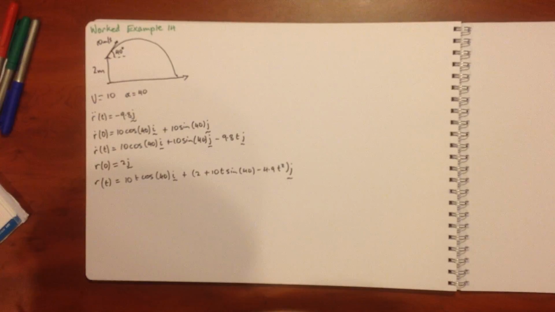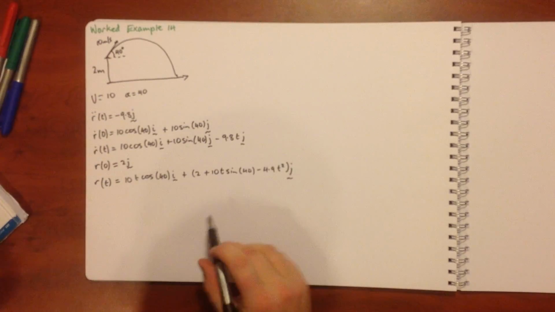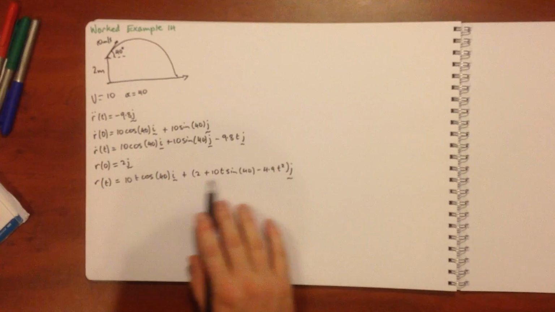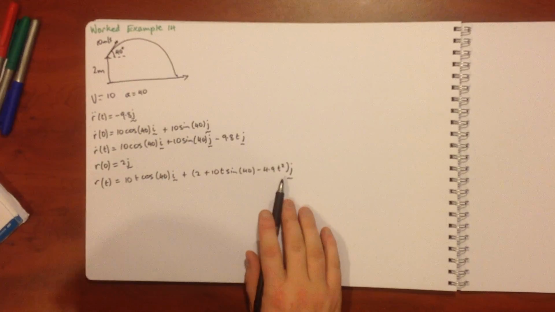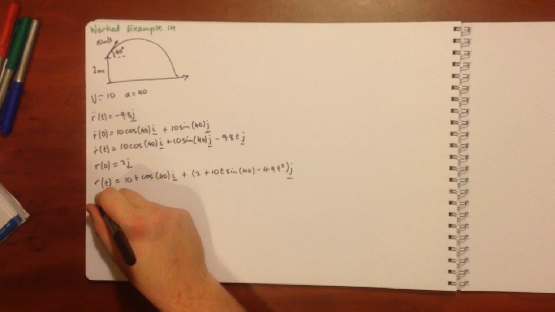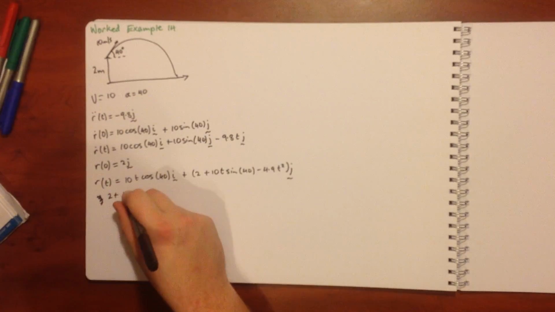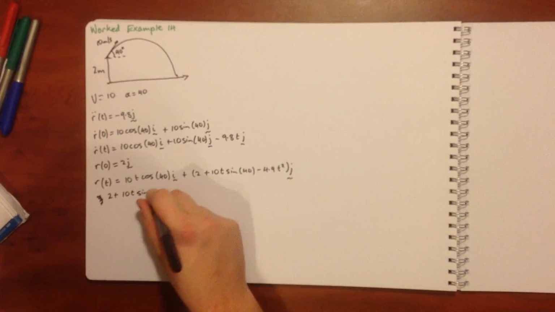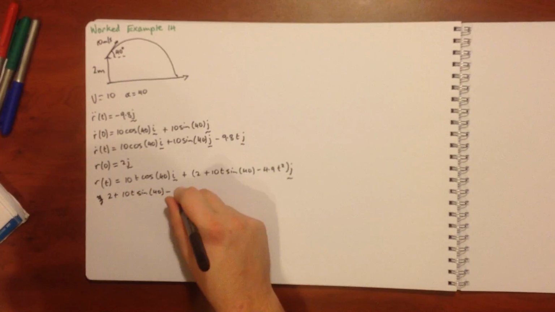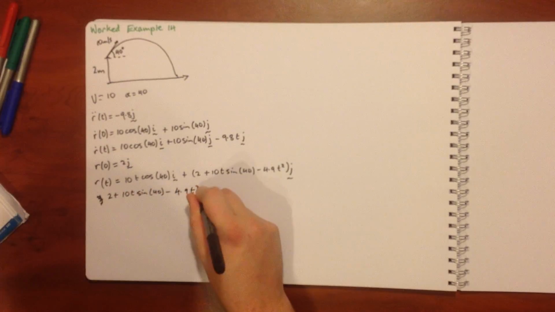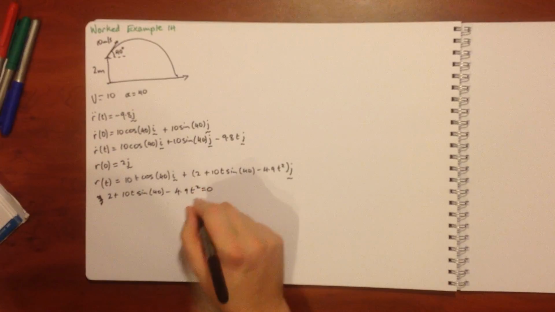We know that the ball hits the ground when the vertical component is equal to 0. So we need to set this part equal to 0, because that's our vertical component. So we need to say 2 plus 10t sine of 40 minus 4.9t squared equals 0.